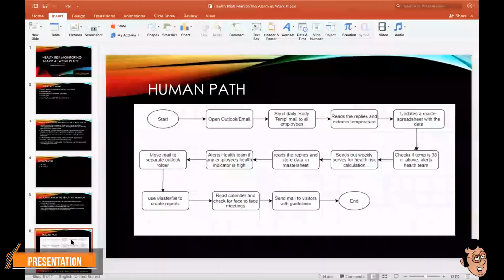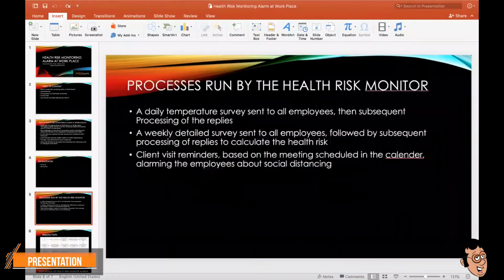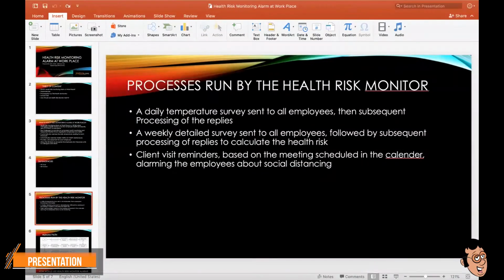And the third part of the bot is that the bot will go through the calendar and check if a person has any face-to-face meetings scheduled for the day.